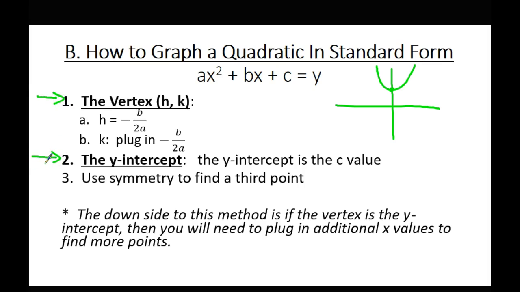So now you only have one point, and you really don't know which way the parabola goes, because you need at least 2 points to kind of figure that out, right? So if these two are the same point, you got a little bit of an issue. In that case, just pick another number, plug it in for x to get another point, and that way you'll have enough information. But that's the idea. So if I got this, for instance, then I might plug in like 1, so I can find another point over here, and then I can figure out what shape I have. All right. So there you guys go.